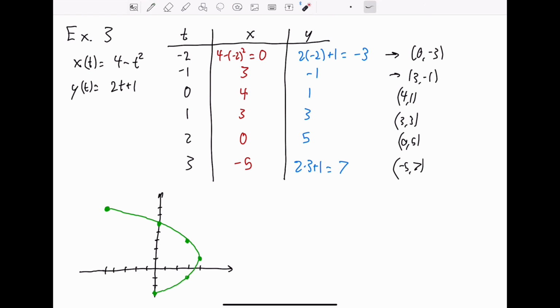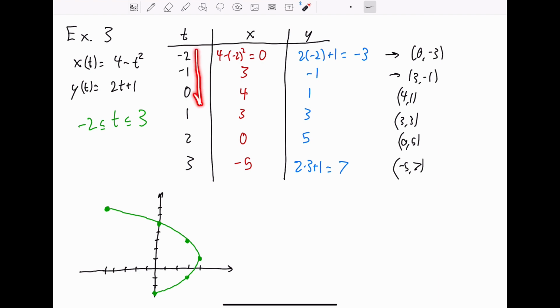Now, this is only a finite portion of the curve. t, we were told, ranges from -2 to +3. And when t ranges from -2 to +3, this is exactly the curve that is sketched out. So we only have a finite portion of the curve. We were also told to indicate the direction that the curve is traced out.